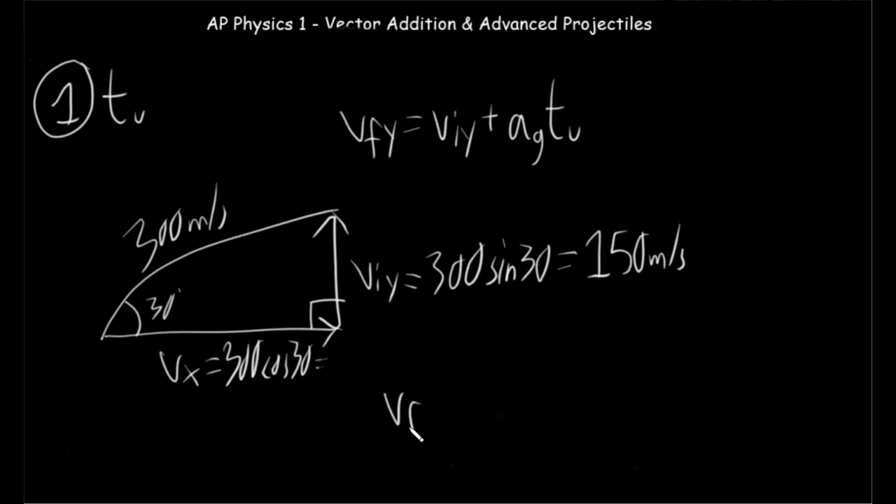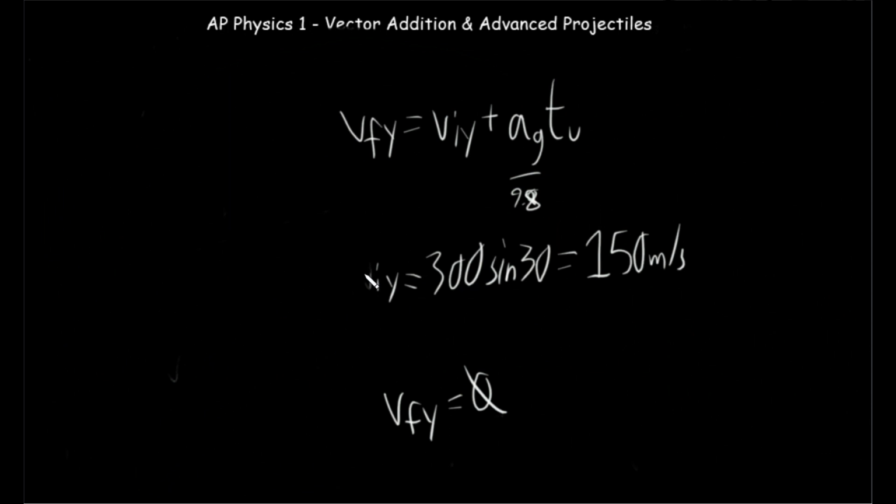And note that VFY is equal to 0 because when we're at our maximum height, our final velocity in the y direction, or our y velocity, is going to be 0 because we won't be moving up or down in that instant. And our acceleration due to gravity is always going to be 9.8. It's a terrible looking 8. I'm sorry, I'm kind of messing up today.